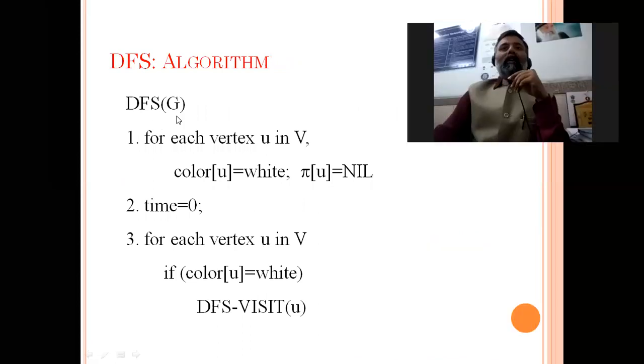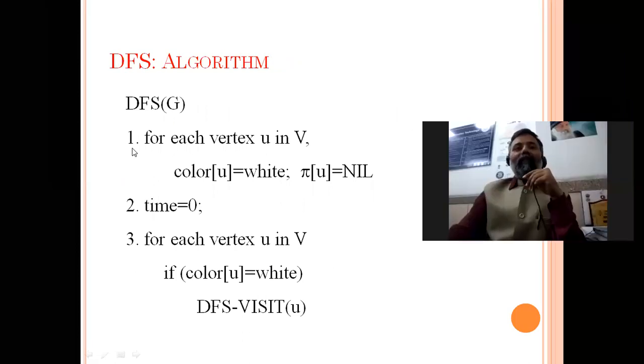Suppose we have this graph G and we want to apply the depth first search algorithm on this graph. The first step is the initialization step. For each vertex in the vertex set, we set the color of that node to white, and the predecessor, or you can say parent, will be nil.